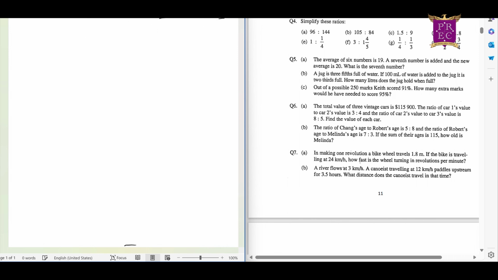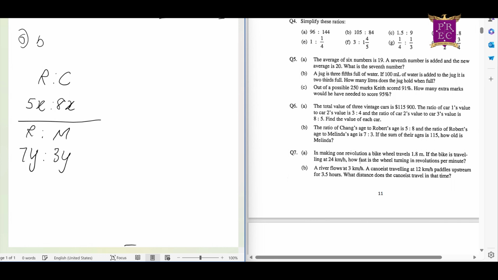So let's do 6b, we're doing the same thing as before. We'll take it in parts, so Robert to Chang, we can take it as x parts, so 5x to 8x. And we'll take Robert's to Melinda's in parts of y, so 7y to 3y. What do we know here? We know that Robert's parts are equal, so 5x is equal to 7y.